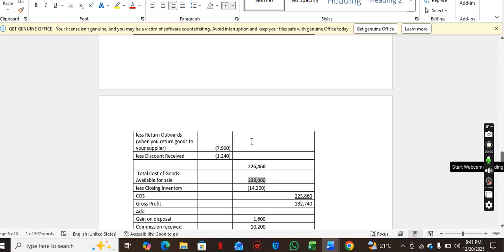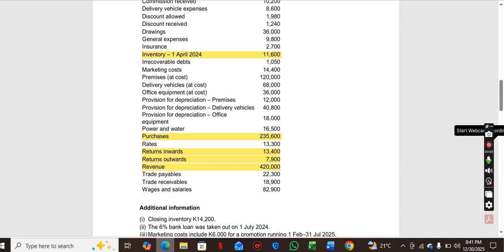Okay. Think of it like this. I just want to put this on the side. So the closing inventory is given there in the data. Yes.